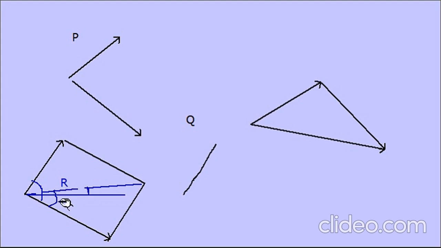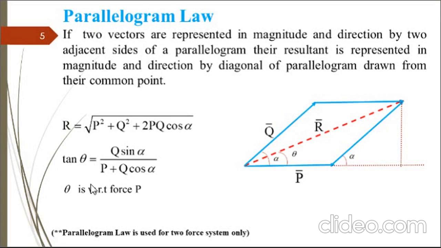With this angle theta with respect to R, by applying the geometrical rules, we get the value of this angle of R with respect to the x-axis. By using this formula, tan theta equals Q sin alpha divided by P plus Q cos alpha, we get the angle of resultant force R with respect to force P.